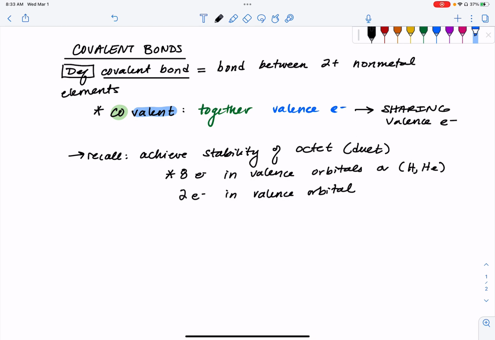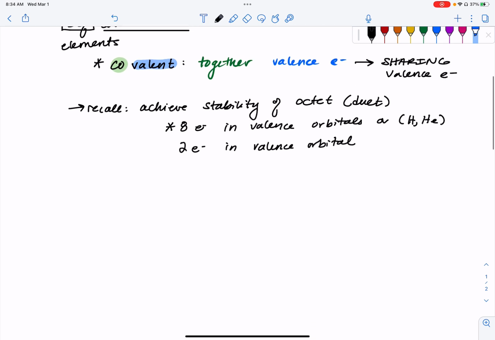Because the valence orbital for hydrogen and helium is just that 1s orbital, it can only hold a maximum of 2. So nonmetals can achieve octet or duet by sharing valence electrons with one another.